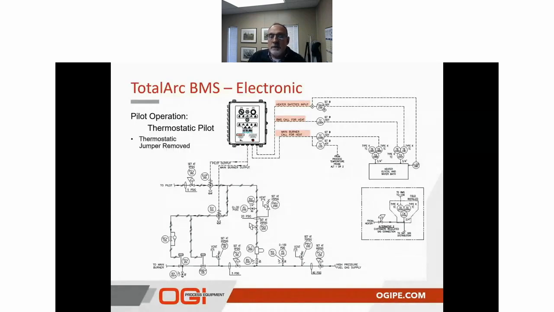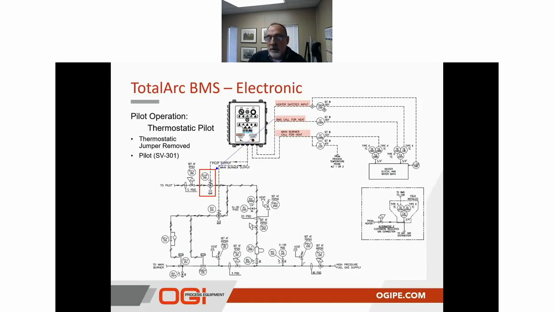For this thermostatic operation, the thermostatic jumper will be removed and will allow the burner to run independent of the pilot, and then the pilot itself will be cycled off when it loses its call for heat, that's independent again of the main burner.